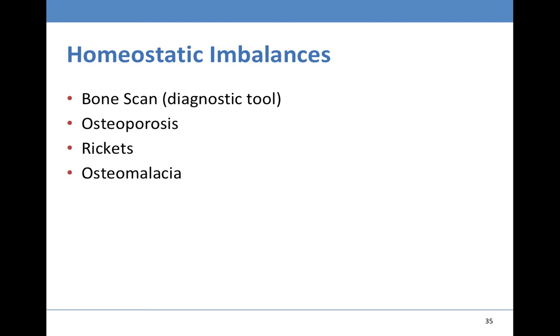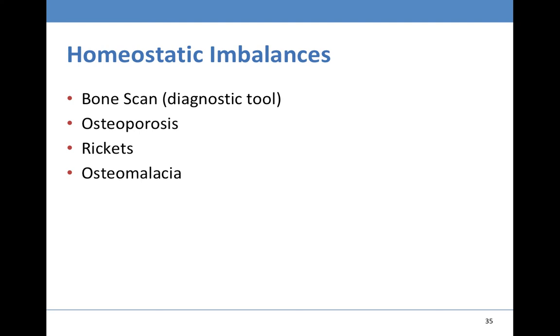And then osteoporosis, we've heard of, but this is where we decrease the amount and the strength in the bone tissue, mainly because of decreases in hormonal output. During osteoporosis, the bone resorption, or that osteoclastic activity, outpaces the bone formation, or that osteoblastic activity, and so we lose the density.